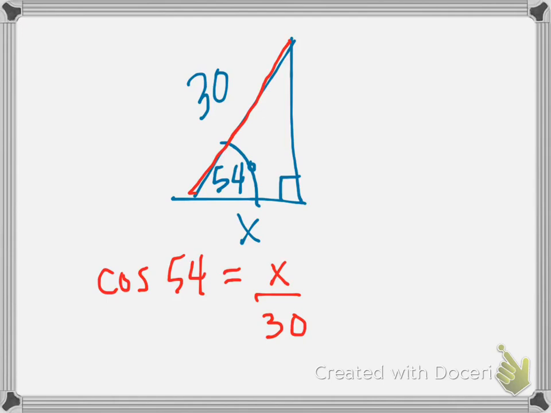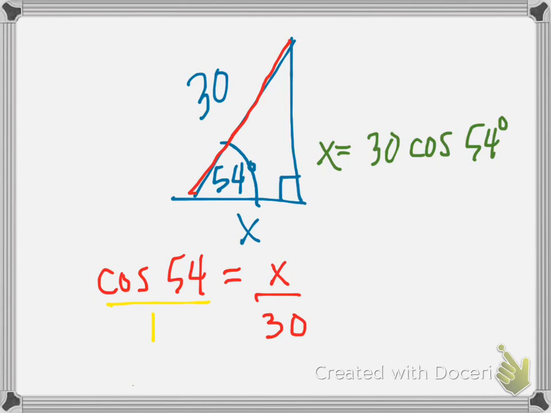And then I cross multiply. So 1 times x is x. 30 cosine 54. Again, make sure your calculator's in degrees because 54 is a degree.